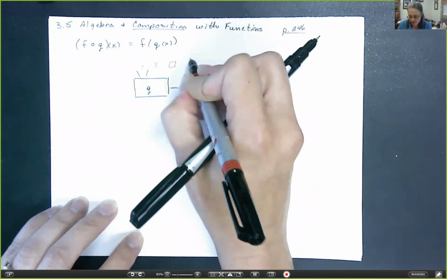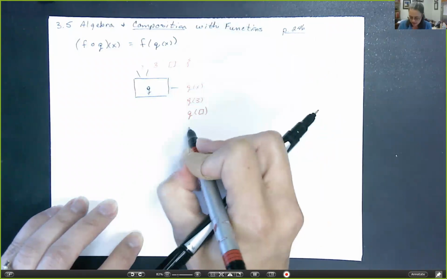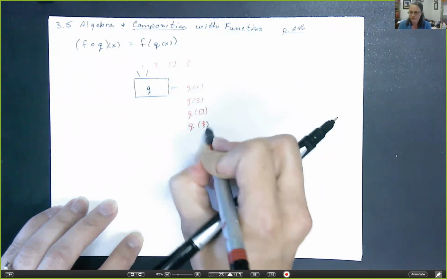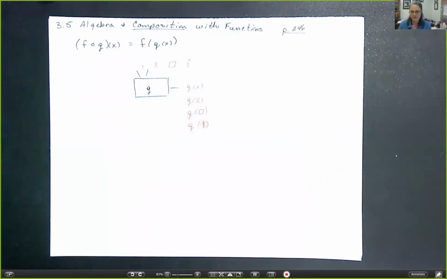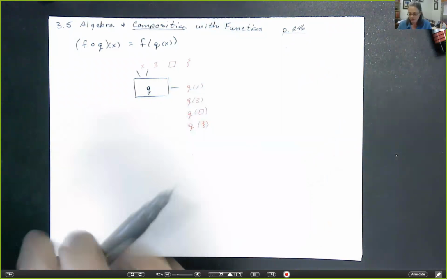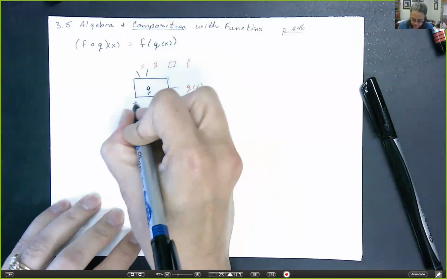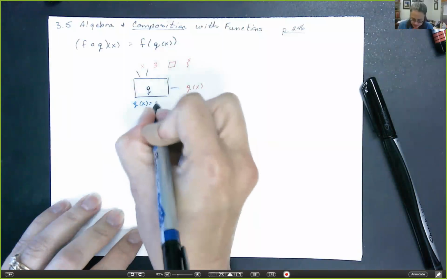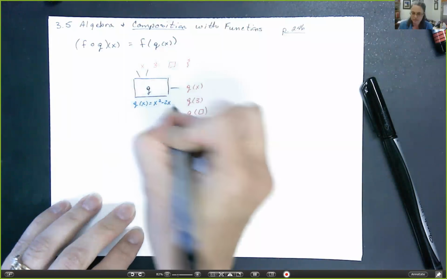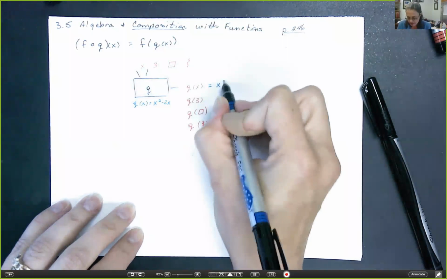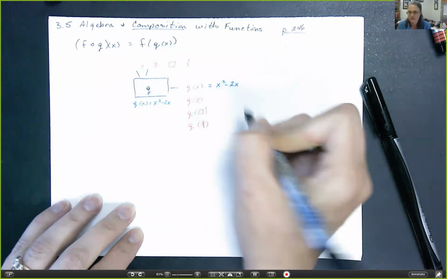Let's say I put in squiggle D. I'm going to get out G of squiggle D. Now let's take this one step further. Suppose I've defined G to be x squared minus 2x. So G of x is x squared minus 2x.